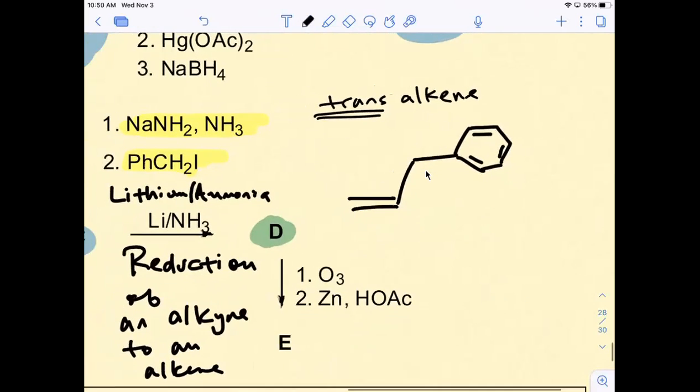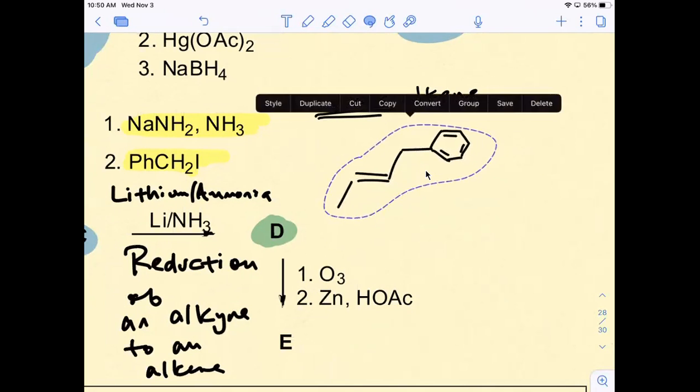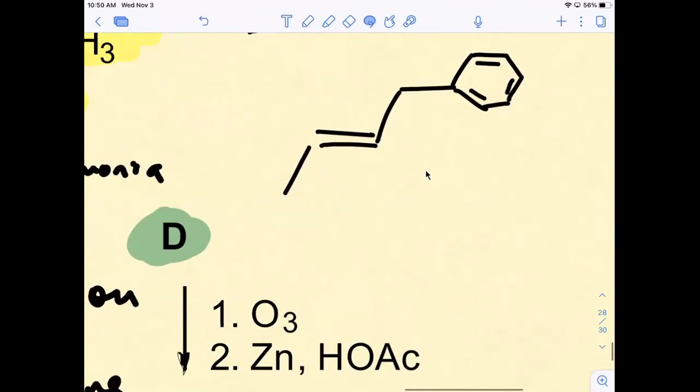Now the other group, is it going to be here or is it going to be here? It's at the bottom, right? It's a trans alkene, so that means that the substituents on the alkene are opposite to one another.